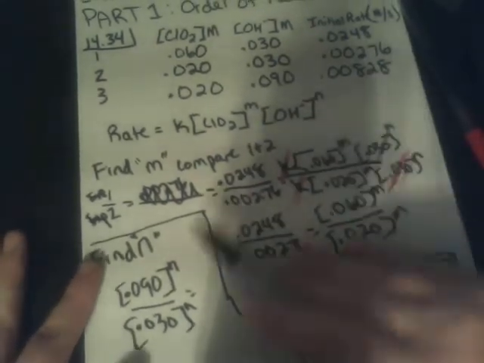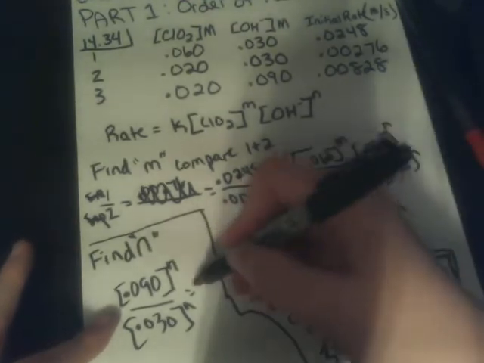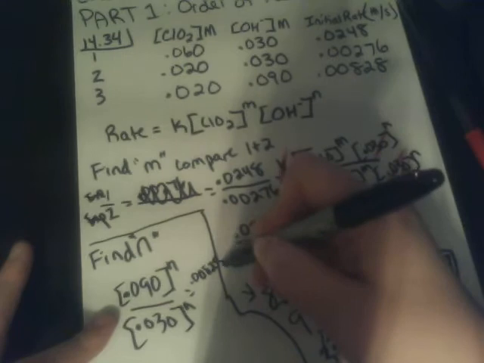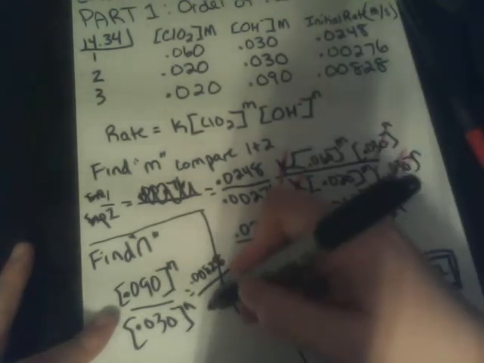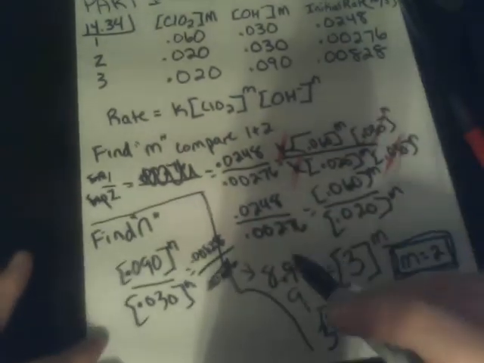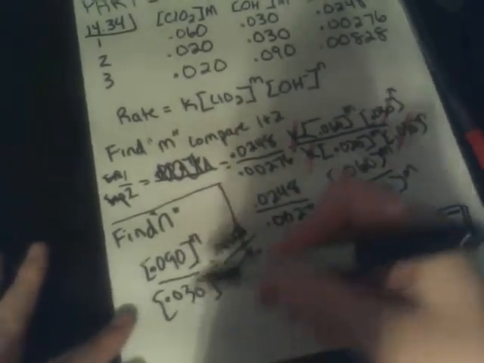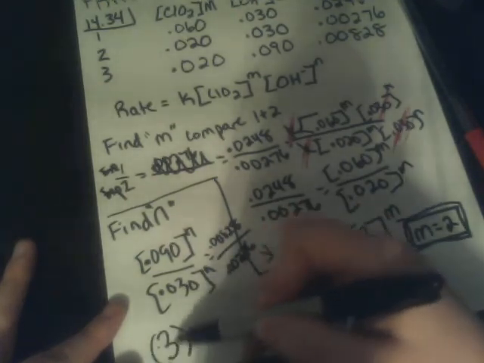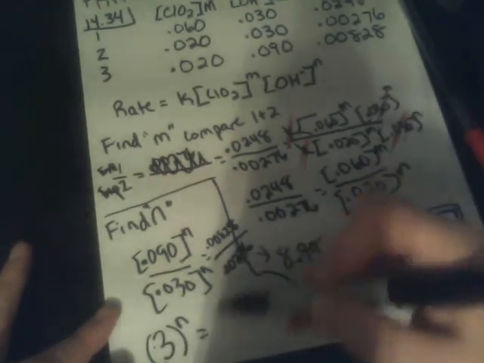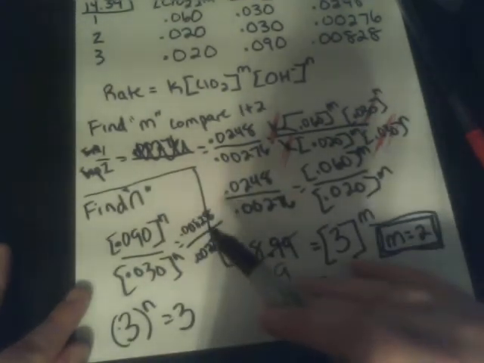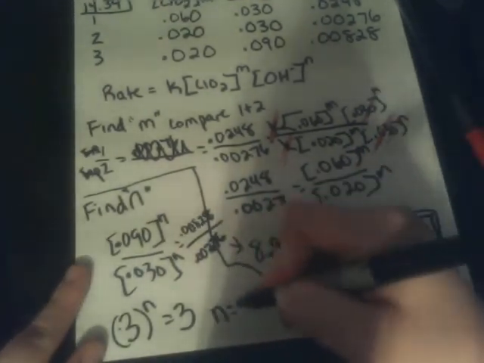I'll write it out: 0.00828 divided by 0.00276. Sorry about the mess here. But this is going to equal 3 to the power of n equals 3. So what should n be? n has to be 1. So n equals 1.